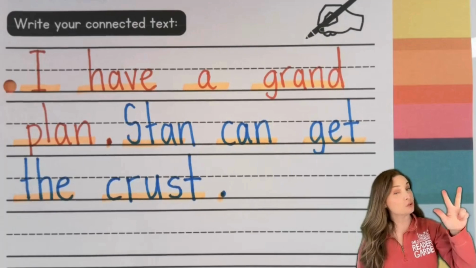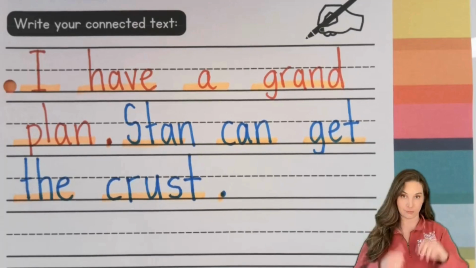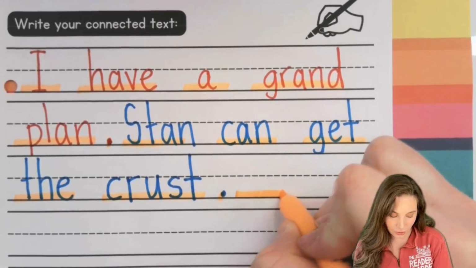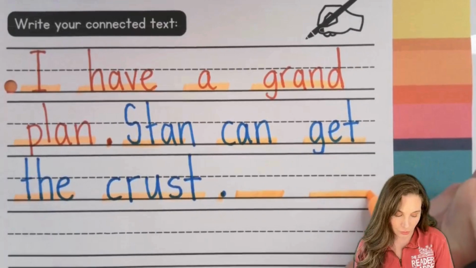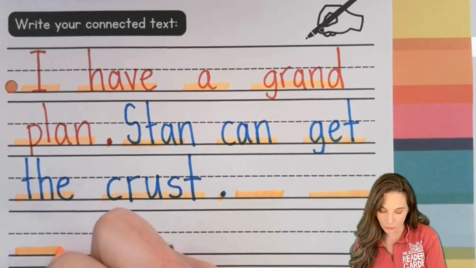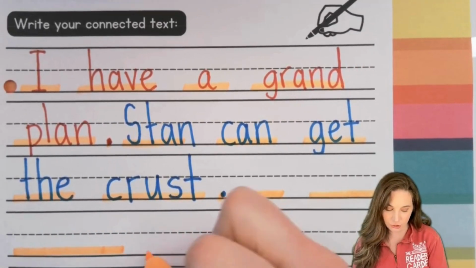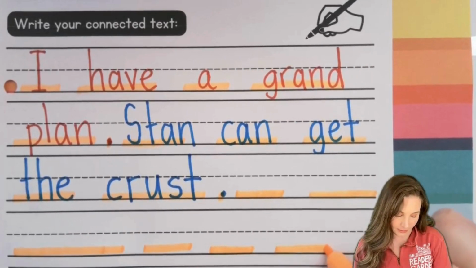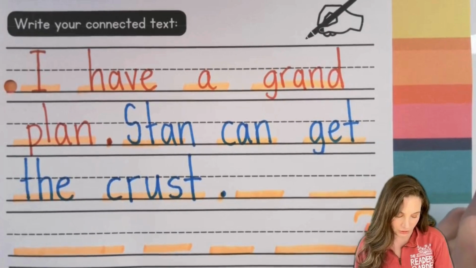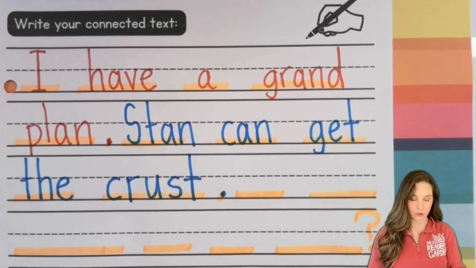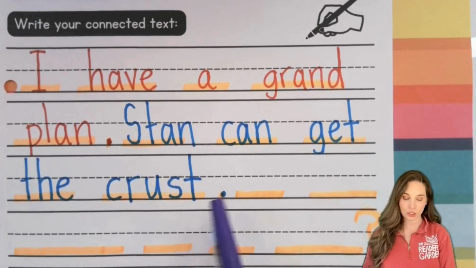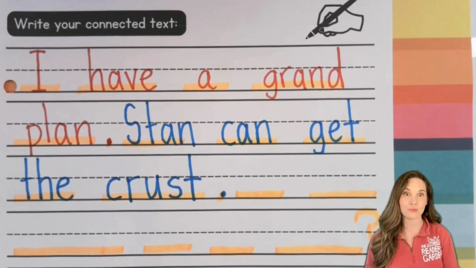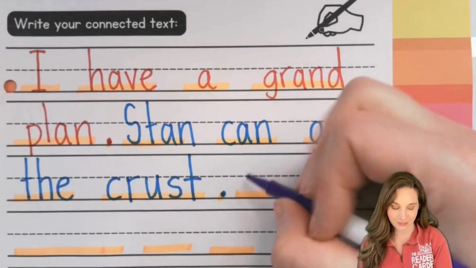Do you trust me at camp? Let's mark it out. Do you trust, that rhymes with crust, trust me at camp? Question mark. All right, let's see. I'm going to do that in purple. Do you trust me at camp? Write that, and then let's write it together.